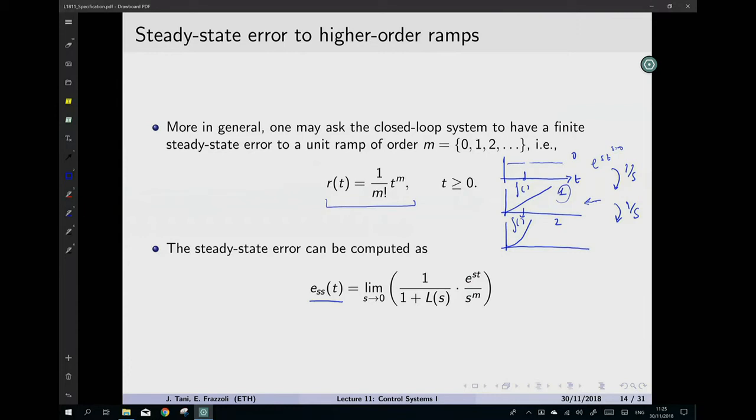Now, if m is the order of the ramp, we can imagine L of S to have a number of poles in 0.